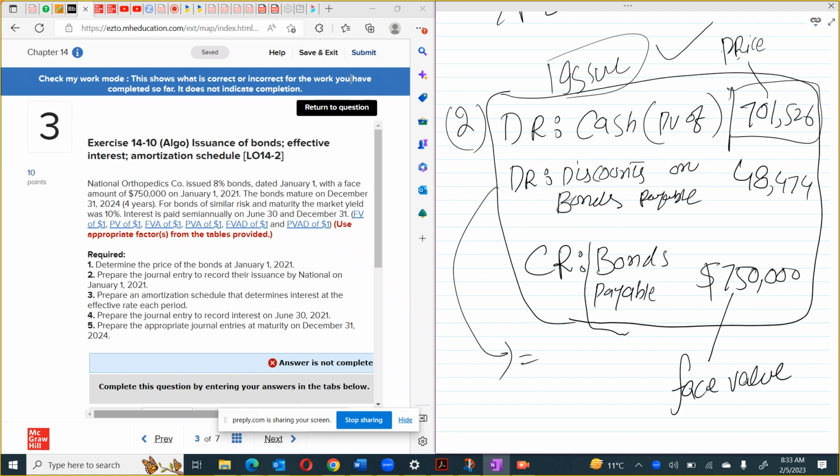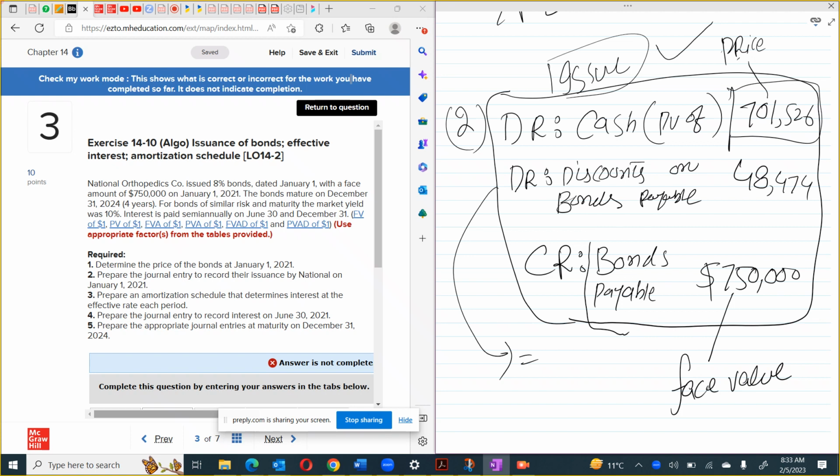Financial calculators are basically used in industry and in higher qualifications like CFAs, where they only allow you to use the financial calculator. You cannot use any other calculator.